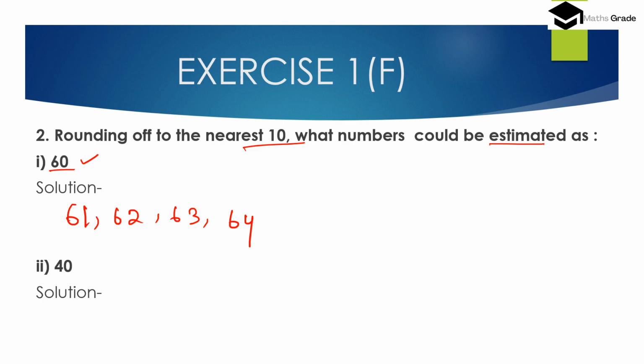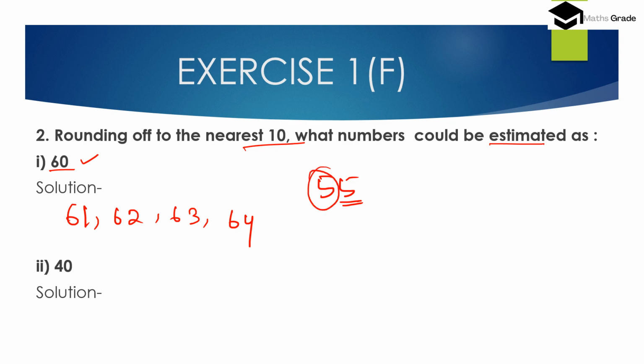Now if the unit place digit is 5 or more, we have to add 1 to the tens place digit. For 55, here the unit digit 5 is equal to 5, so we have to add 1 to the tens place digit.